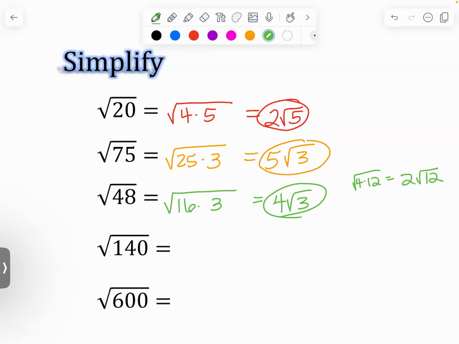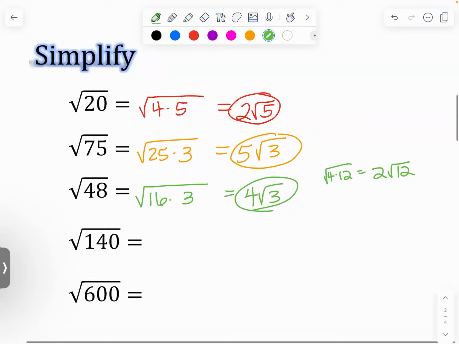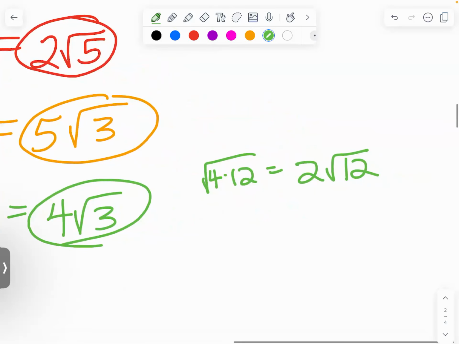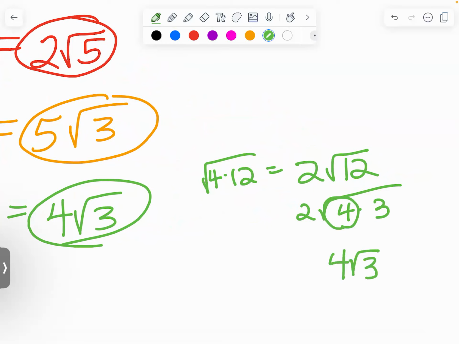Okay, you're not done yet because 12 has a perfect square, right? What's the perfect square that divides into 12? So you would have had to do this again with 4 times 3. And since the square root of 4 is 2 and 2 times 2 is 4, we end up getting the same thing, but you just have to do it twice. 4 is the perfect square that divides into 12.